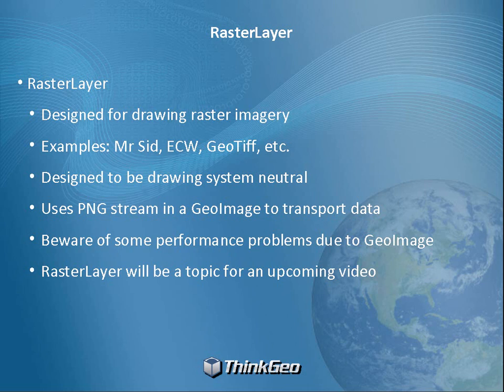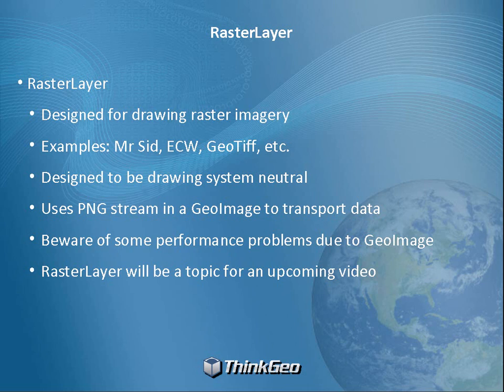And because of that, we have the concept of a geo image that is kind of encapsulated in these raster layers, and it uses a PNG stream, and we thought that PNGs were fairly standard. They support transparency well, and so we use that as kind of a transport.